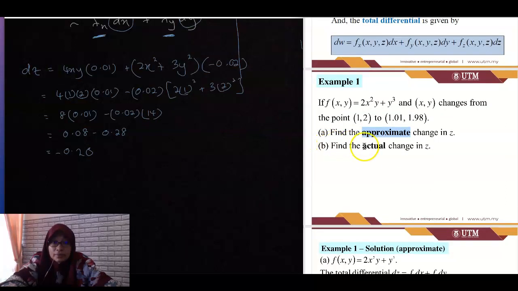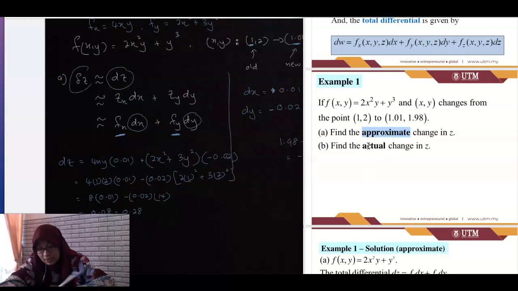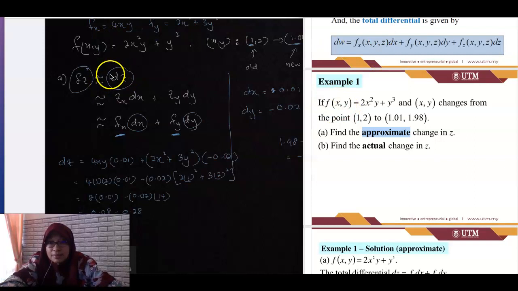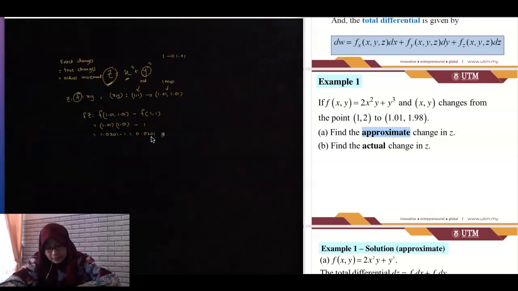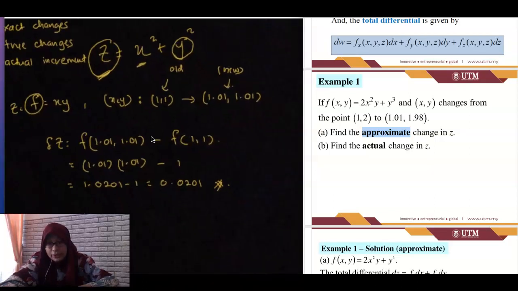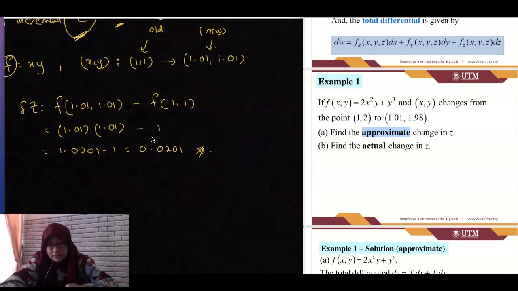So look at question B, the actual change, meaning that you have to provide this one. So how can you obtain the actual? Remember, this one is the approximation using total differential. So how can you obtain the true change? As I showed in the previous example, you have to substitute the new value into the function, subtracted by the value of f using the original value.